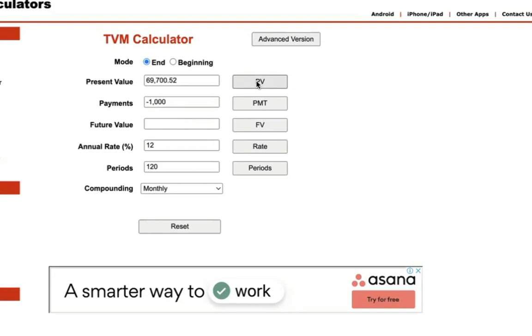Is it a good buying proposition or not? Isipin niyo maigi, 68,000 binabayaran, 1,000 per month for the next 10 years. Ang sagot doon, 68,000. 68,000 is lower than 69,000.